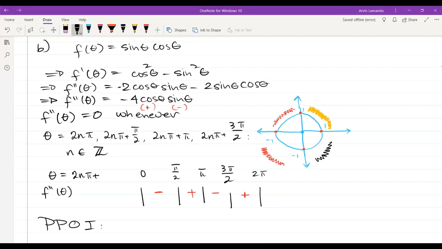So the points of inflection of f are theta equals 2n pi plus 0, pi over 2, pi, or 3 pi over 2.